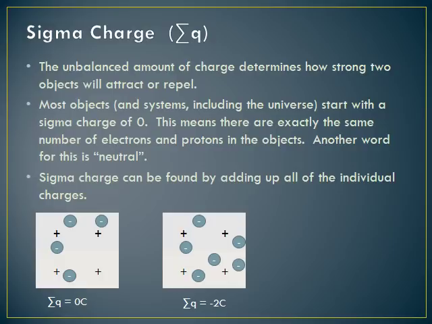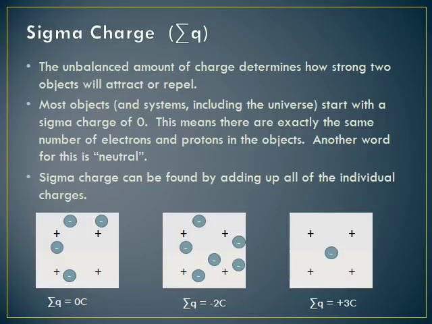Since electrons are negative, we have a sigma q of -2 coulombs. There's 2 extra electrons. This one has 4 protons and 1 electron, so sigma q is going to be +3 coulombs. You'll notice that, as I mentioned earlier, the protons are not moving and the electrons are the things that kind of move around this object because they're mobile, they're able to move.